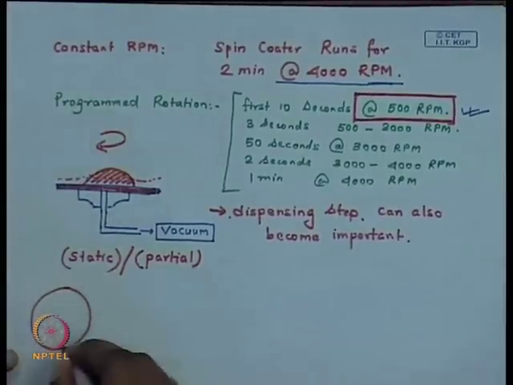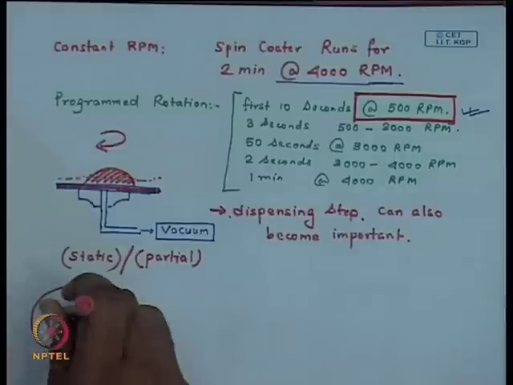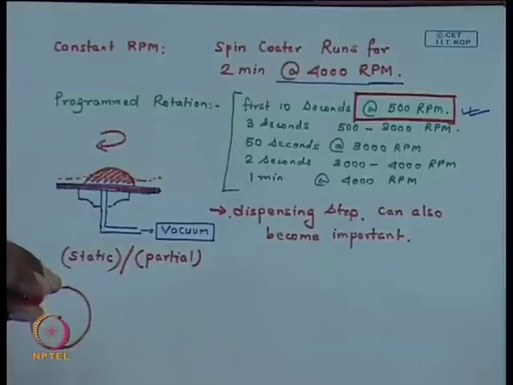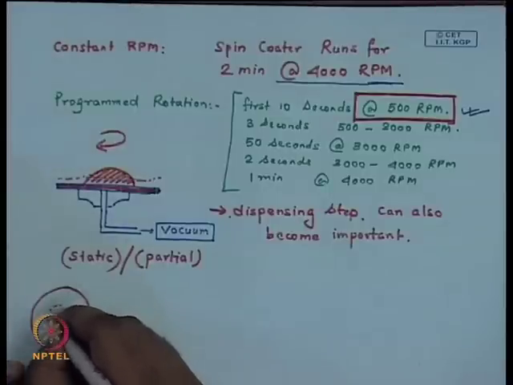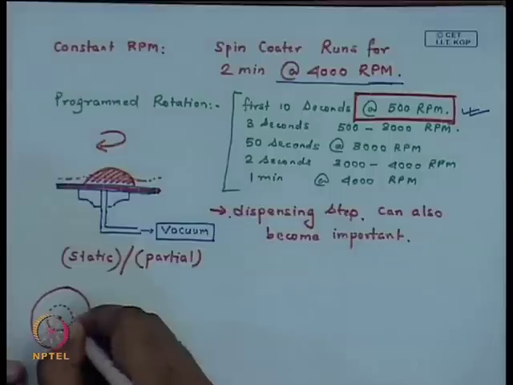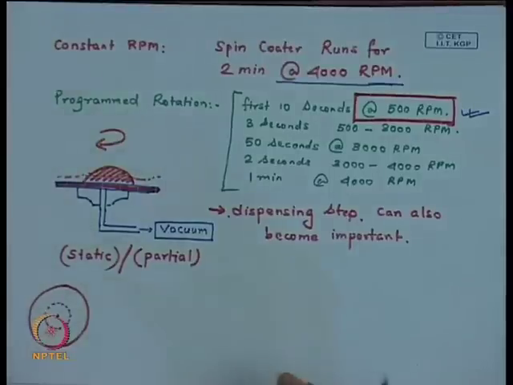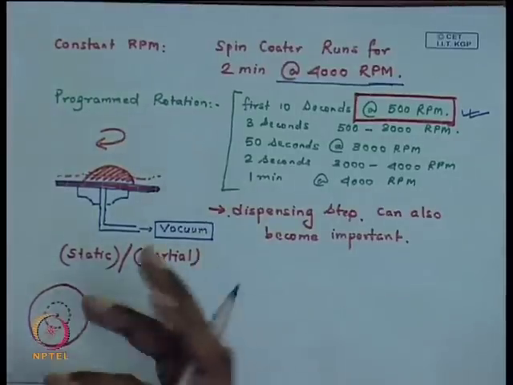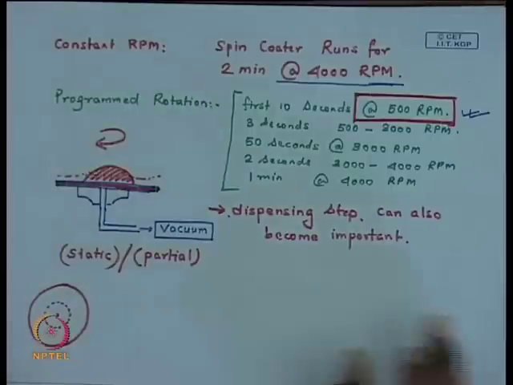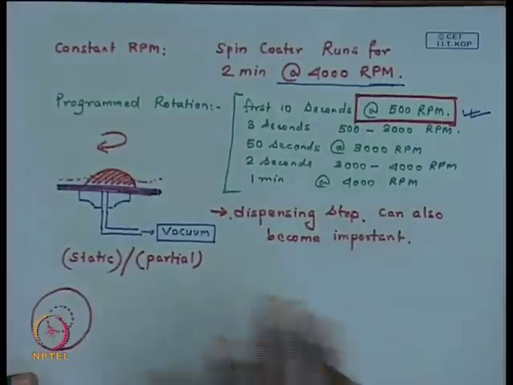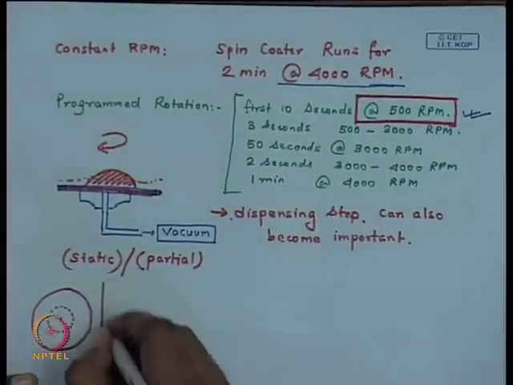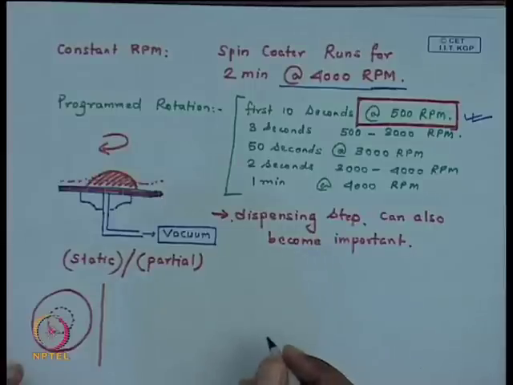Let us say this is the substrate from the top. I placed my syringe somewhere over here at the center and dispensed it, and this was the initial shape of the drop. Also while I was dispensing, the chuck was static, the spin coater was not rotating. This can be one possible mechanism, and this is very widely adopted.